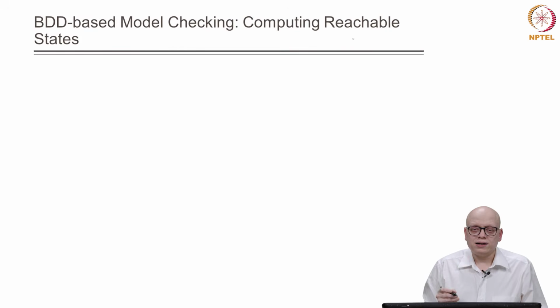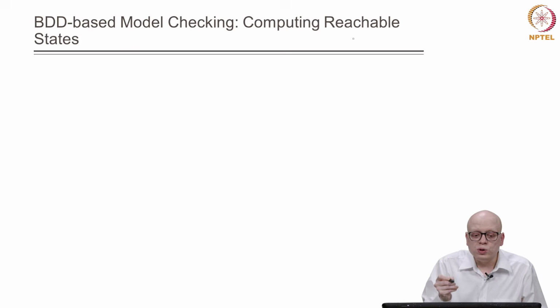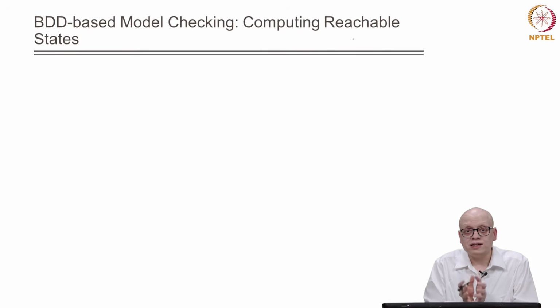Now, let us look at how we can use the efficient image computation to compute the set of reachable states given a starting set of states. And what is meant by a reachable set of states?